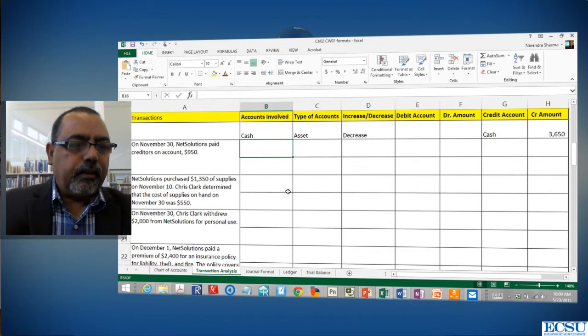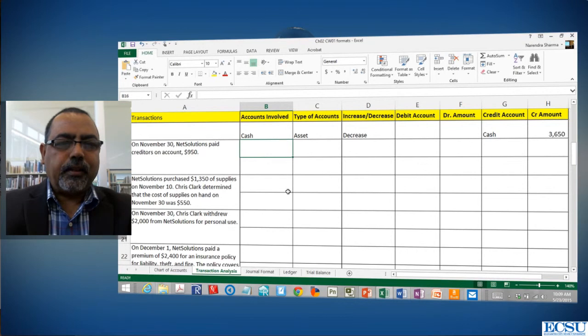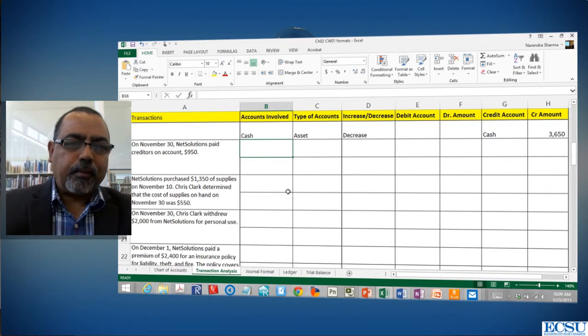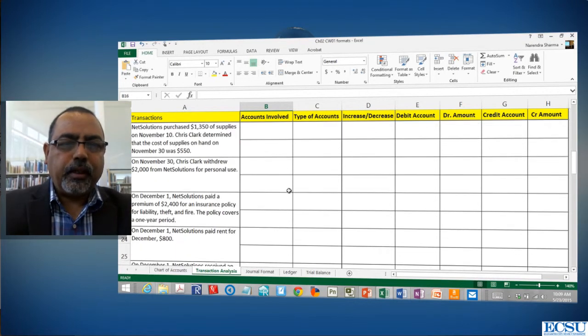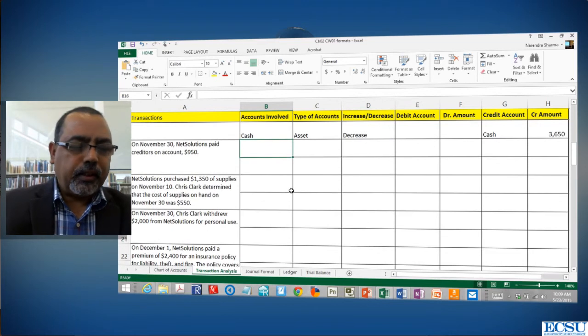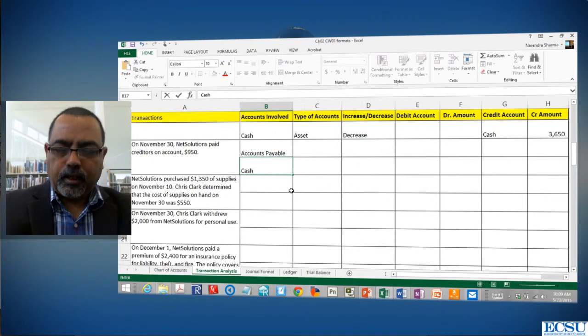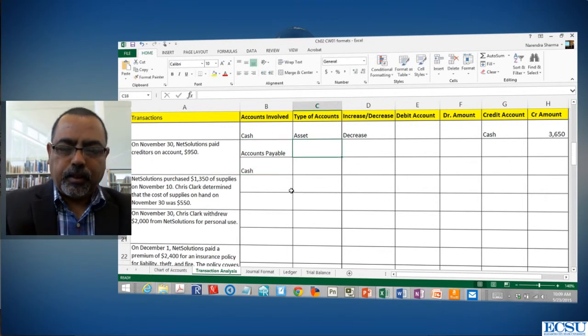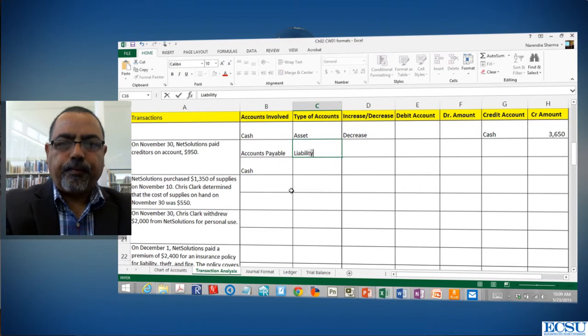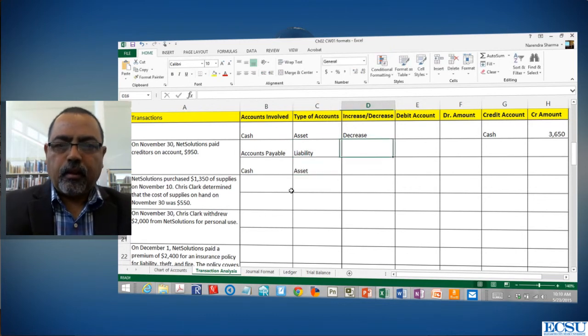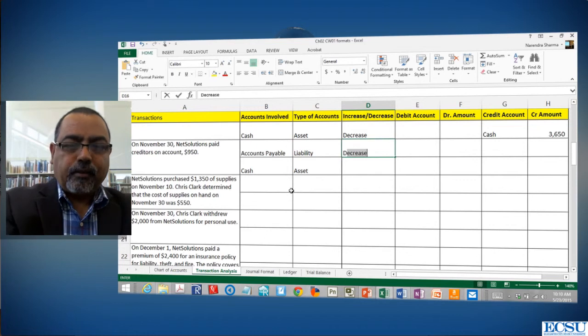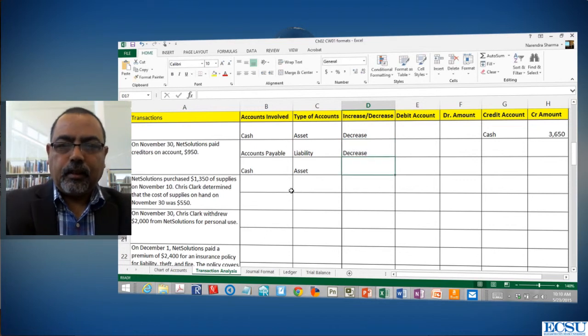It says you paid a creditor. So as soon as you pay a creditor, please remember two things are happening. Accounts involved would be, one is the creditors are always accounts payable, and I'm paying cash, so therefore cash will be the second account. Accounts payable is a liability, cash is an asset. Liability, if you pay, of course it decreases.